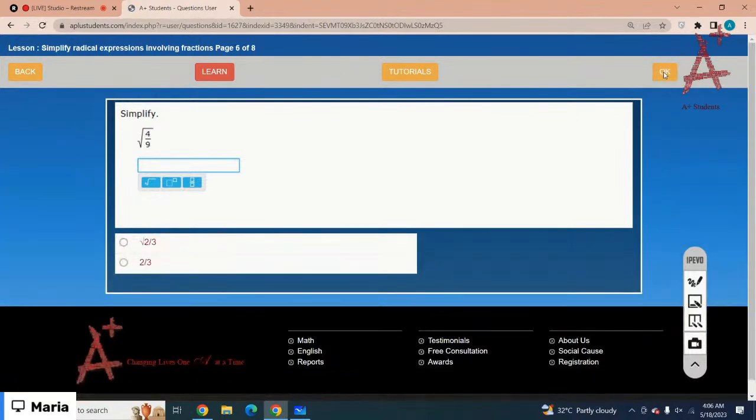Okay, the next one is square root of 4 over 9. Which is the correct option? Yes, that would be 2 over 3.